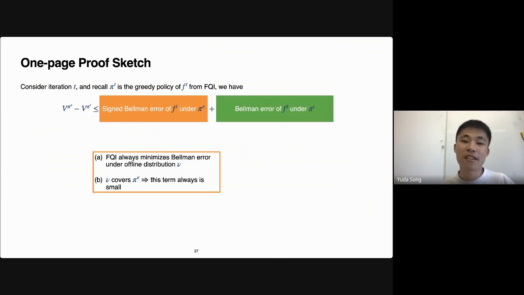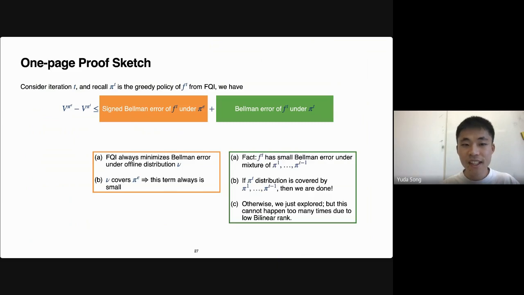And the second part is slightly trickier. It's the Bellman error of your current value function under the current policy. And since, again, you are doing FQI, the current value function should have small Bellman error under the mixture of all previous policies, not the current one. But one of two things will happen.